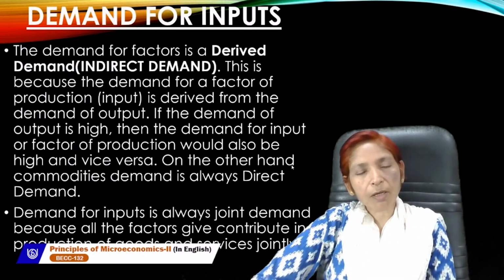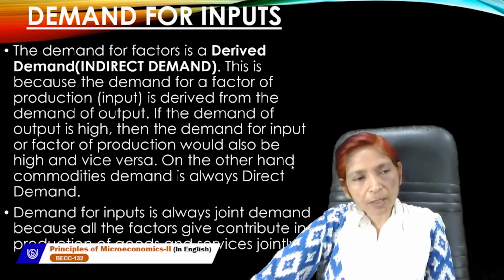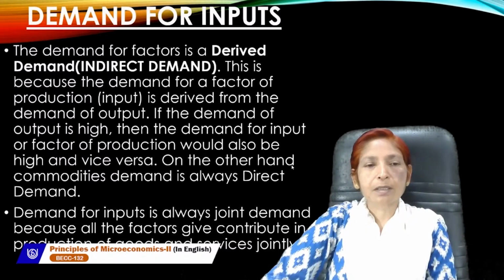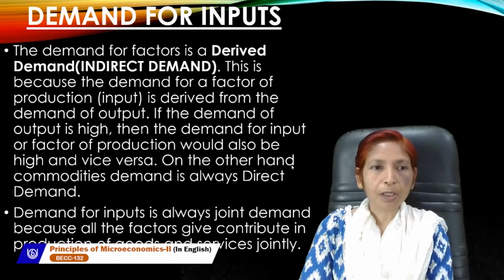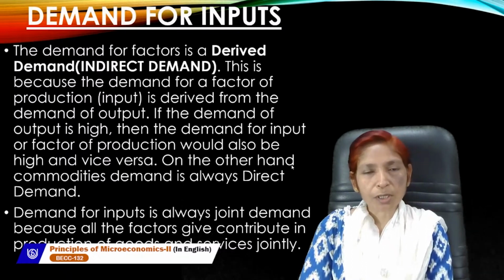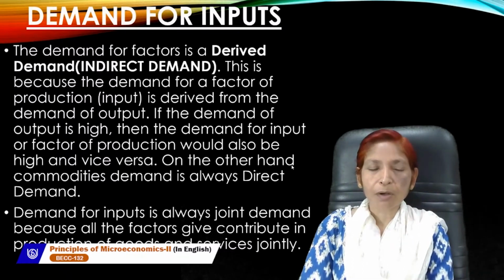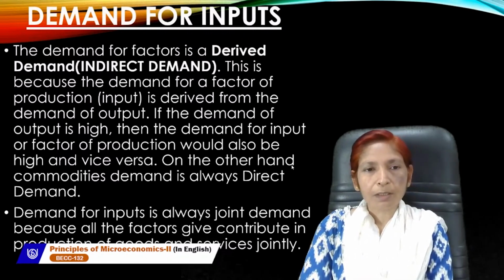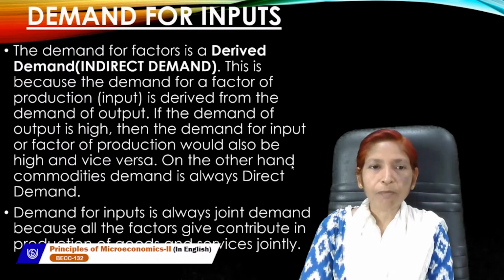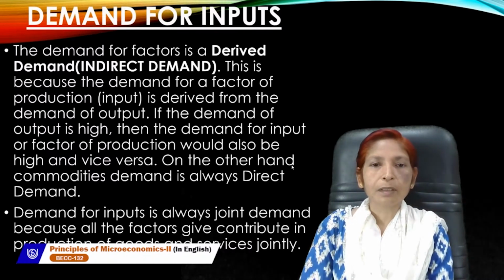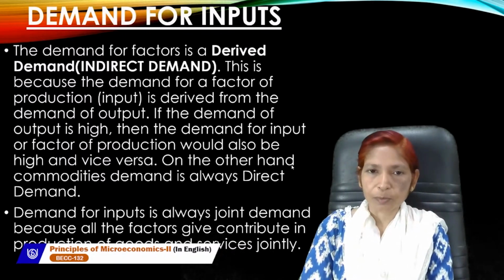But the demand for input is always derived demand or indirect demand. Indirect demand is that demand which occurs due to the production of goods and services, or due to some other thing. So demand for factors is always called derived demand or indirect demand, and joint demand also.